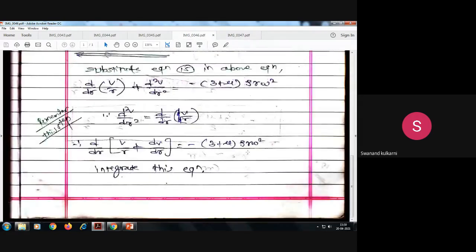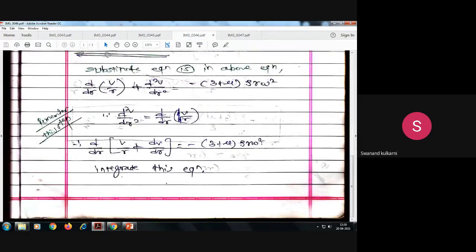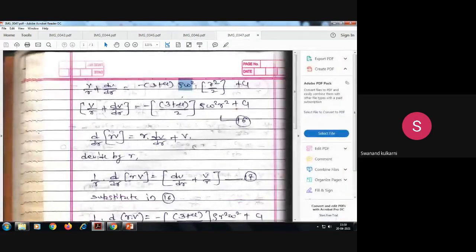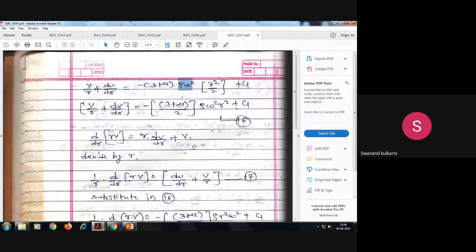Because this integration is carried with reference to r, the remaining terms, rho into omega square, will become constant, and this r becomes r square by 2. Here it is C1. So like this, v upon r plus dv by dr is equal to minus (3 plus nu) upon 2 rho r square omega square plus C1. This equation is considered to be equation number 16.